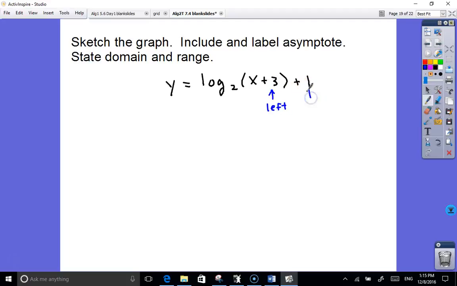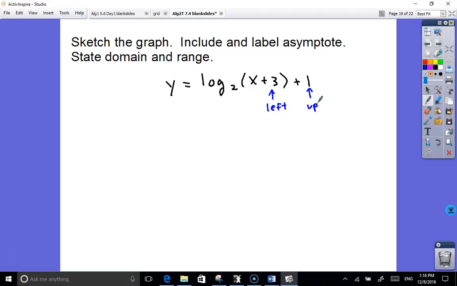What is the effect of a plus 1 outside the function? Up 1. So which one of those two is going to move the asymptote? Left 3, right? If you're looking at a vertical line, moving up and down doesn't change position, but moving left and right does.